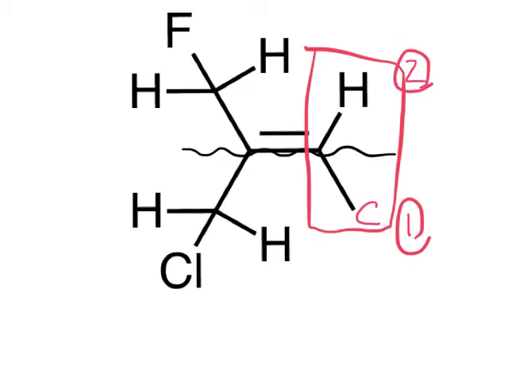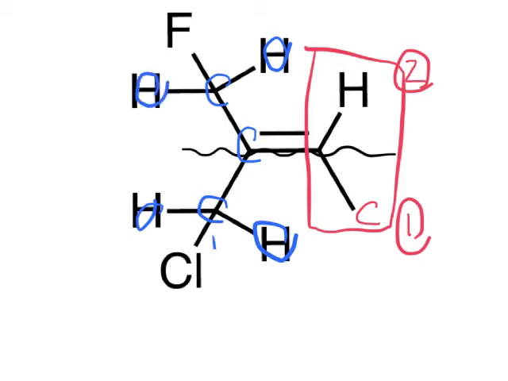But now let's look at the branching going on off the left-hand carbon. You can see over here that things are a little bit more complicated. If I start with my doubly bonded carbon and take a step out, I have a carbon here and a carbon there. So I don't yet have any distinguishing features. Furthermore, I have one hydrogen on the bottom branch, a hydrogen on the top branch, another hydrogen on the bottom branch, and a hydrogen on the top branch.